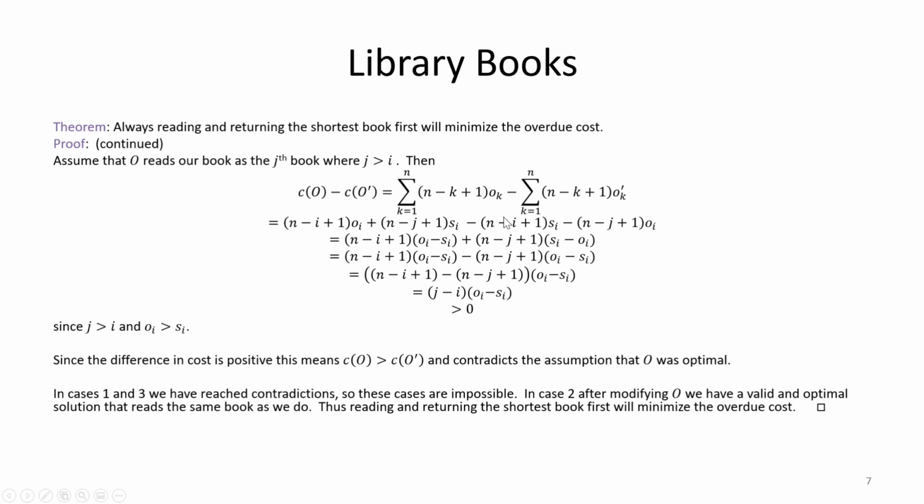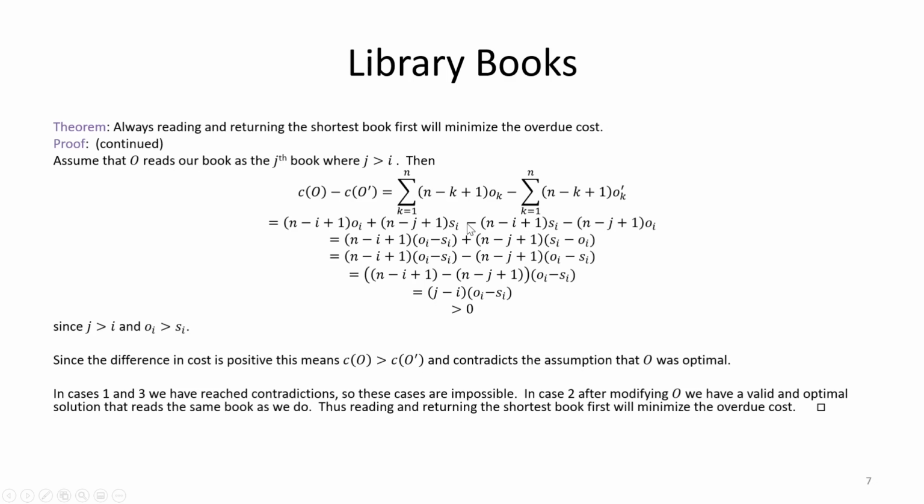So SI becomes in position I, and OI becomes in position J. All the other terms cancel out of the sum, and we end up with these 4 terms that don't cancel out. We want to know what happens to them.